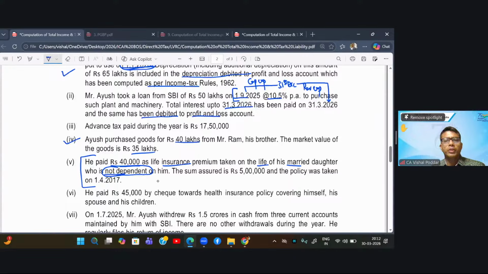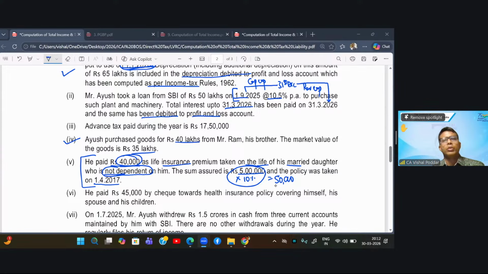Now the sum assured is 5 lakh. Policy is taken after 1st April 2012. If you remember that date, for a policy taken after 1st April 2012, up to 10% of the sum assured is allowed as premium. So it comes to 50,000. So up to 50,000 premium, you could have claimed deduction. Anyways, you have 40,000, so the entire 40,000 is eligible. Very good, Arun. Very good, Navneet.